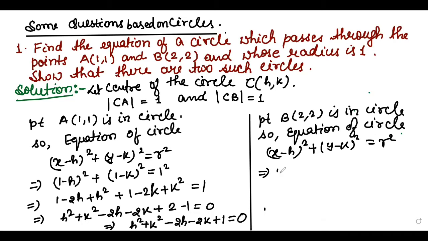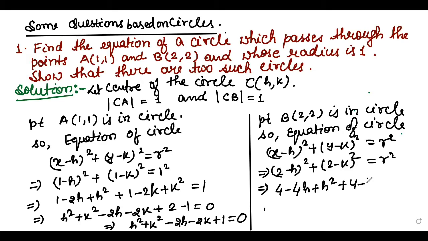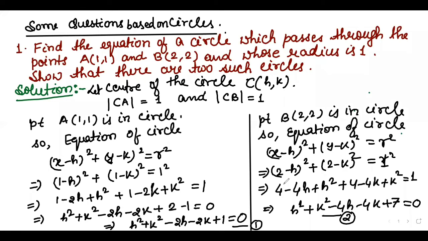Applying here, (2 minus h) whole square plus (2 minus k) whole square equals r square. So finally it is 4 minus 4h plus h square plus 4 minus 4k plus k square equals r square, which is 1. So the equation will be h square plus k square minus 4h minus 4k plus 7 equals 0.